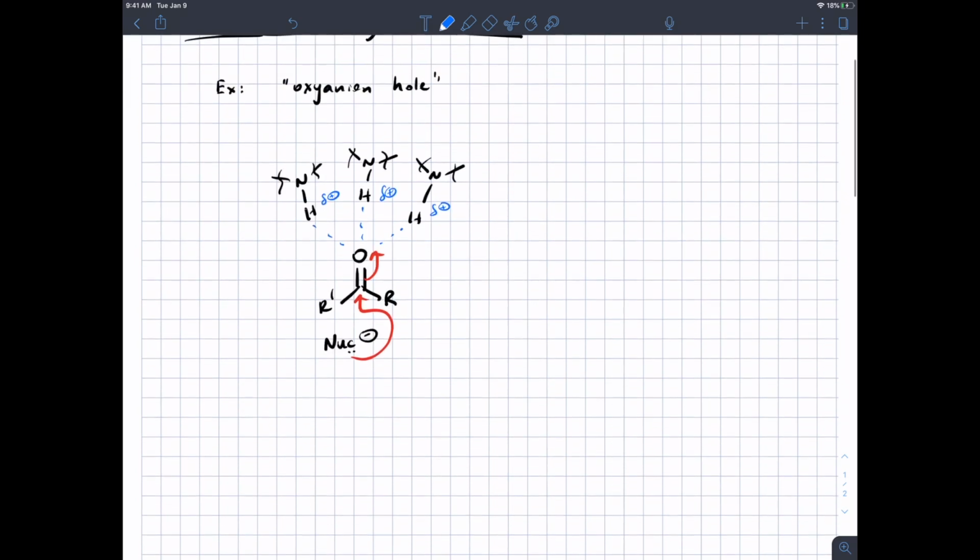All right. And so that's an important aspect of many enzymes. Many of the proteases and the lipases involve that kind of thing. If you want to see an example of it, just Google oxyanion hole, and you can see it's like this little oxygen-shaped thing where the oxygen from the tetrahedral intermediate should be.